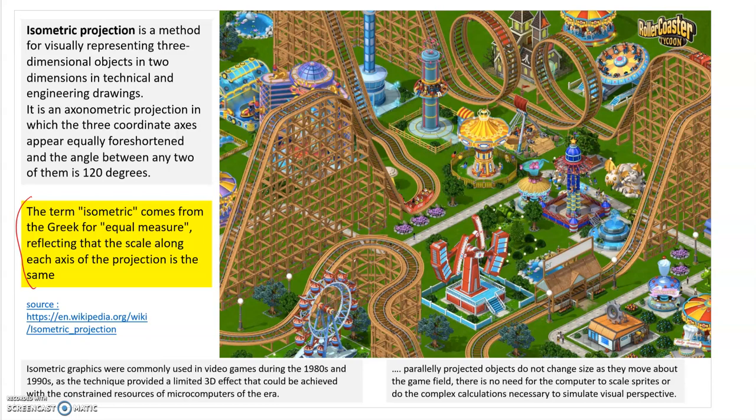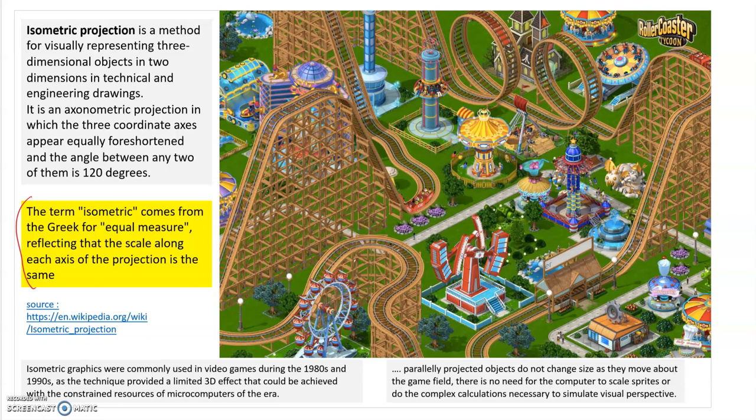So what I want to show you here, and maybe the gamers around you will have an idea of what we're talking about, is isometric projection. And what is that? It's just a method for representing three-dimensional objects in two dimensions.